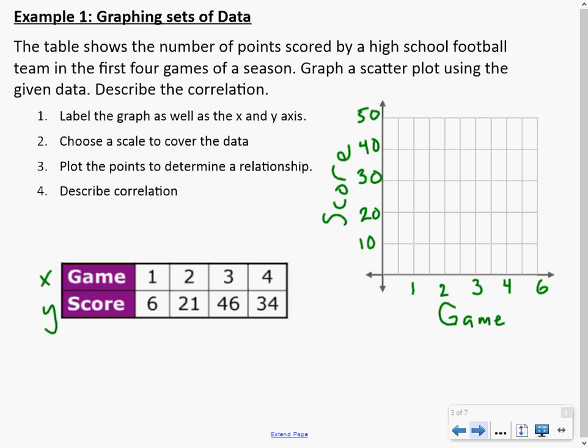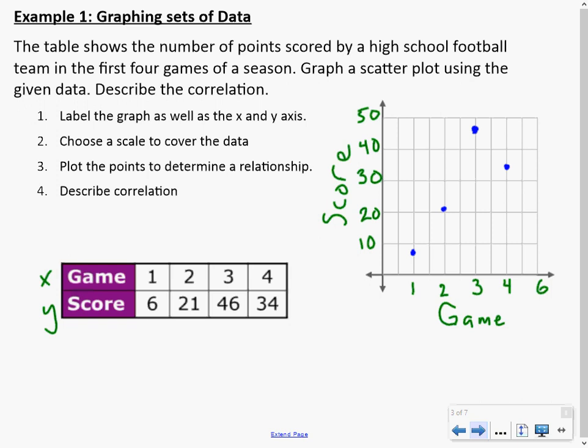So now we can plot the points. So we have 1, 6, 2, 21, 3, 46, and 4, 34. Now, we want to try to describe the correlation here.